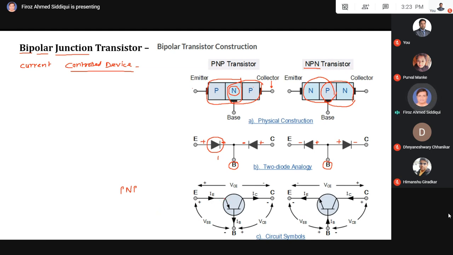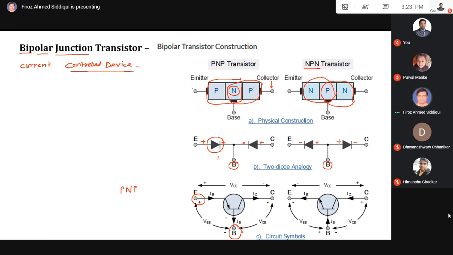So the direction will be inward in PNP transistor. If you consider PNP transistor, this emitter will be connected to positive side. This base will be connected to the negative side, and this collector will also be connected to the positive side of the terminal.